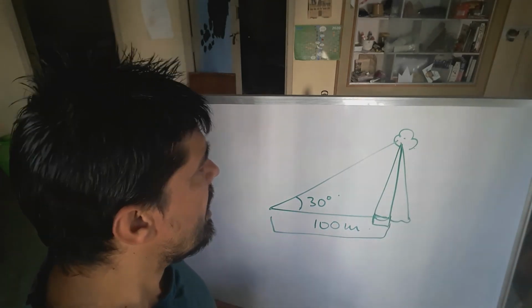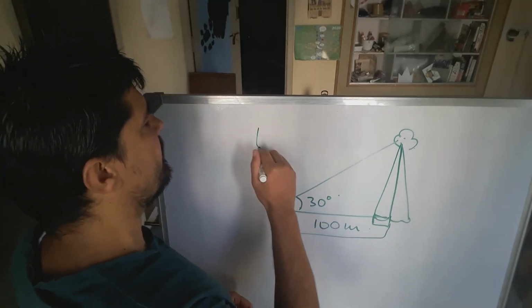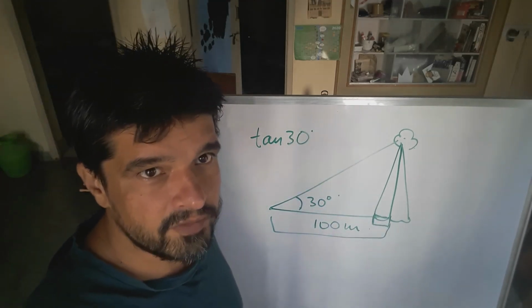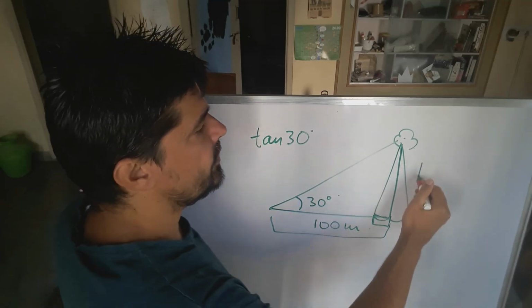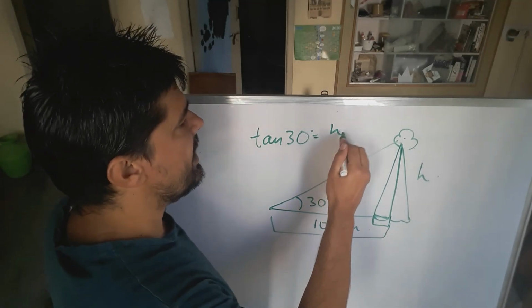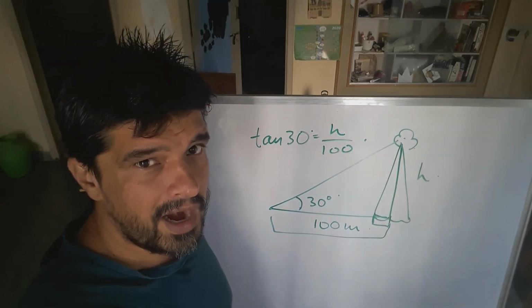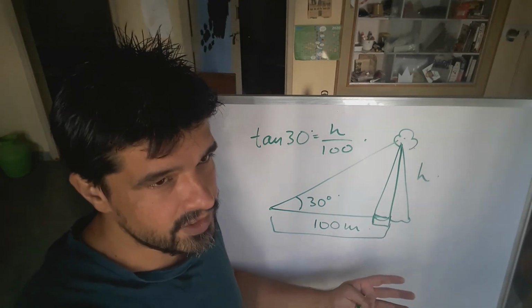Okay. And having done this, you apply the concept of tangent, which is called tan 30. Tan of an angle is the opposite by the base. So let's say the Qutub Minar height is h, we don't know it. This would be h by 100. And tan 30, or tan of any angle for that matter, is a known value.